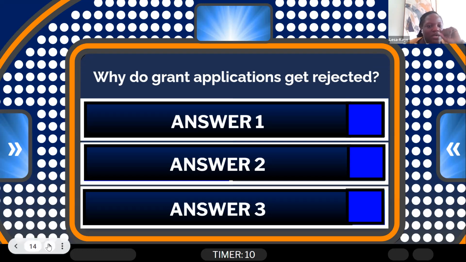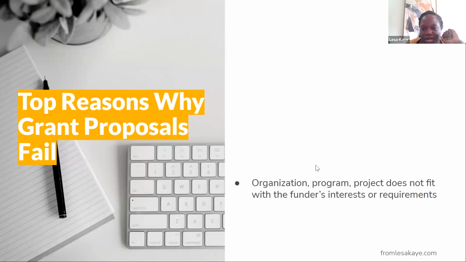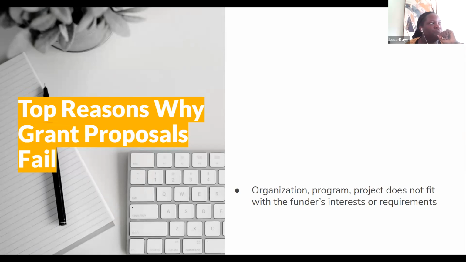Okay, here we go. So the top 3 reasons why grant proposals get rejected. Are we going backwards today? Reason number 1, the organization, the program, or the project does not fit with the funder's interests and requirements.